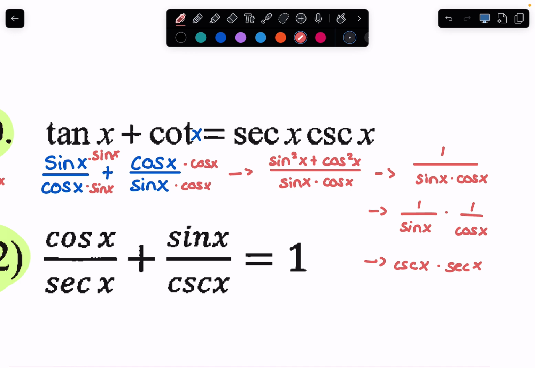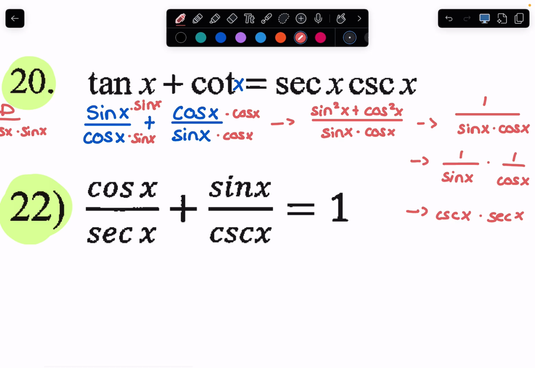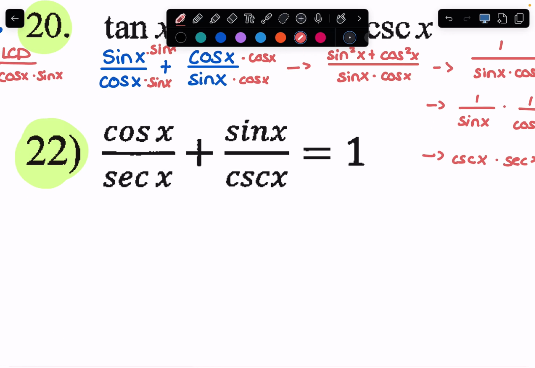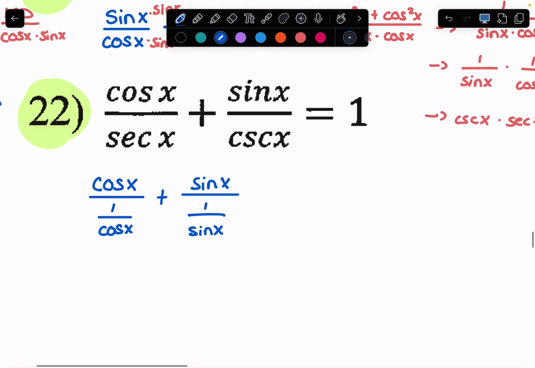Okay, what about 22? The least common denominator. Turn everything to sine and cosine. So if I did that, I would have... and then it'll keep changing.